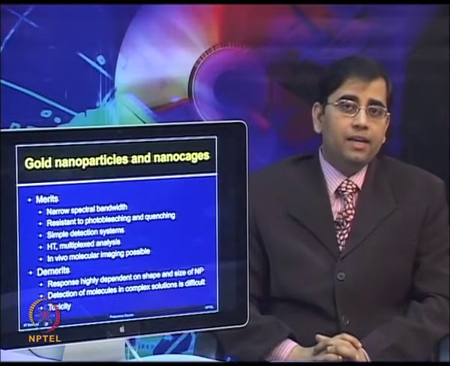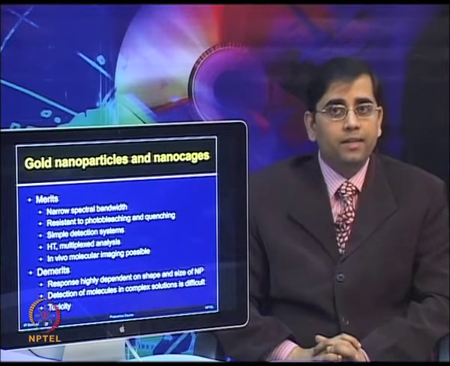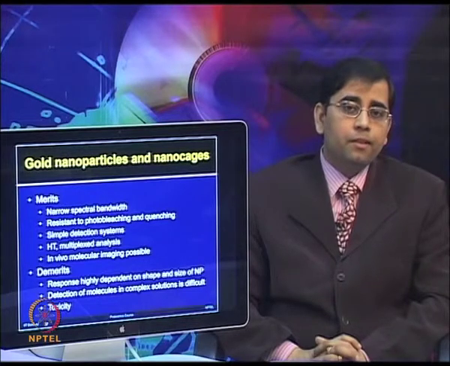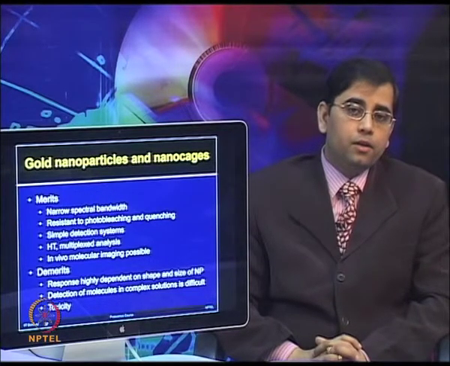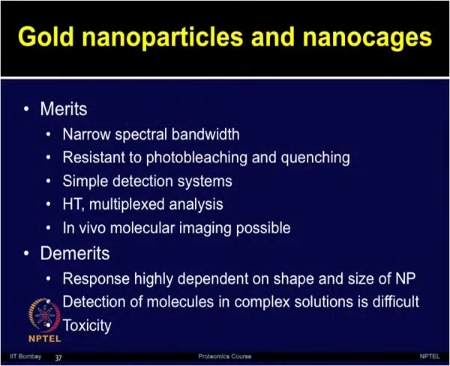There are various merits and demerits of using gold nanoparticles and nano cages. Various merits include its narrow spectral bandwidth, resistance to photo bleaching and quenching, simple detection system, high throughput and multiplexing capability.